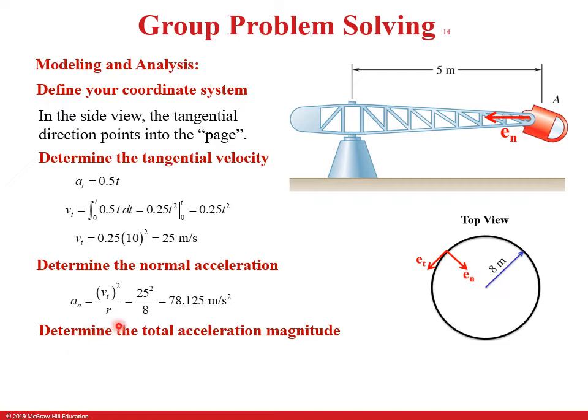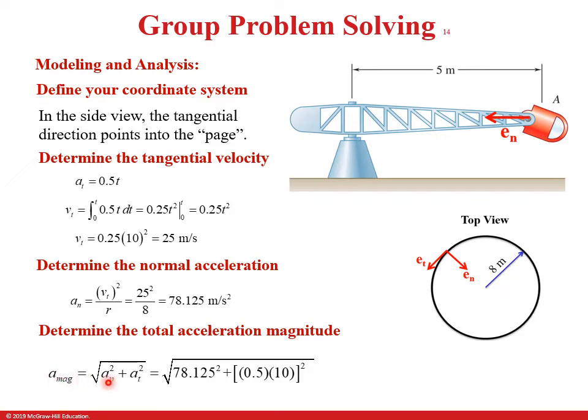Determine total acceleration and magnitude. So how are we going to do that? We need our tangential acceleration, 0.5t, which at t equals 10 is going to be 5. So the square root of 78.125 squared plus 10 squared. Boom.